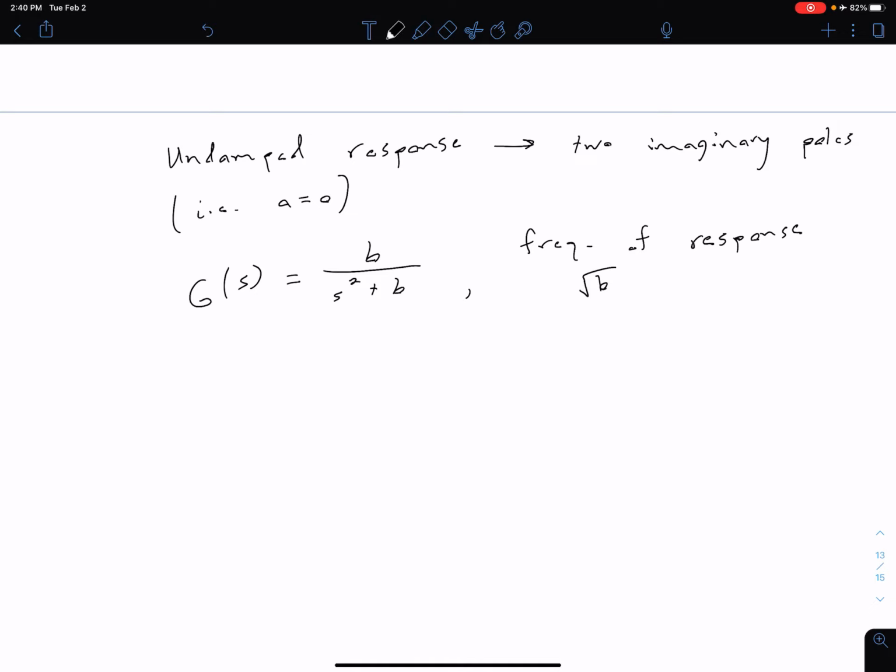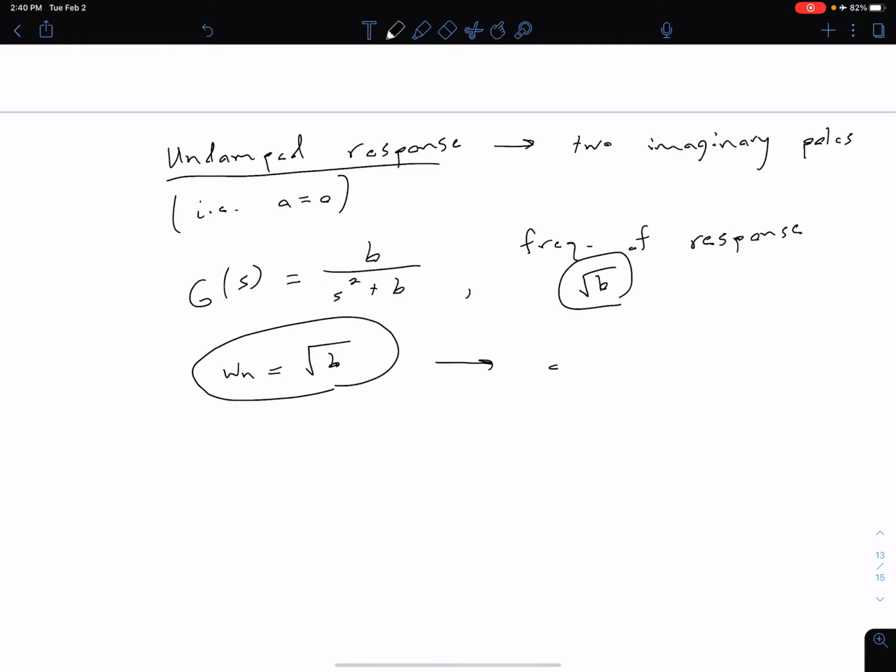Essentially that's just by finding the poles of the system. By definition, our natural frequency is a frequency without damping, and our undamped response is a response with no damping. So by definition, omega n is equal to the square root of b. Of course, we can write that as b is equal to omega sub n squared. So now we know how to relate b to our new parameters.